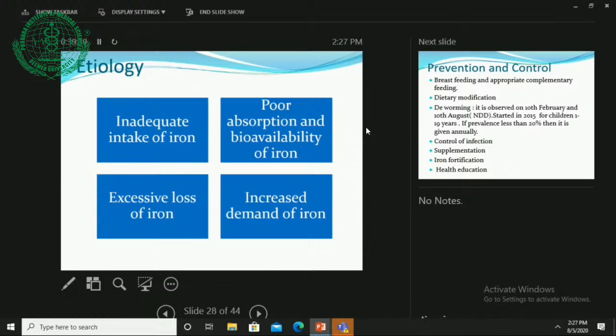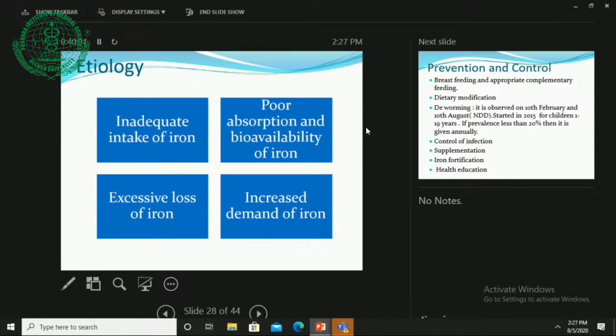So we need to tell people how to include promoters in the diet and what things should be included in the diet, like mixing the non-heme foods with heme foods, because heme iron enhances the absorption of non-heme iron. So these changes you need to make.